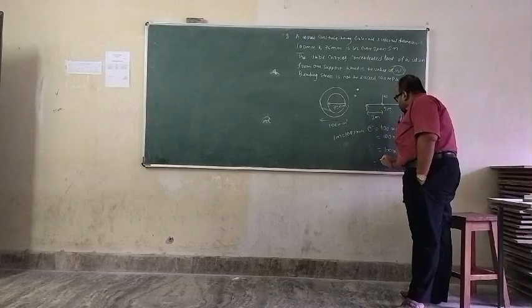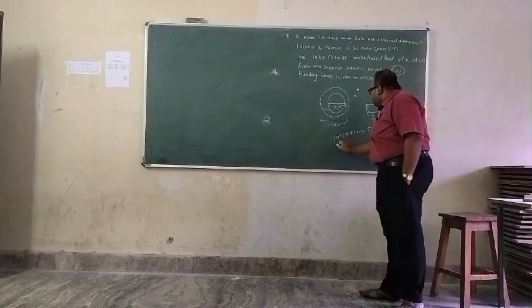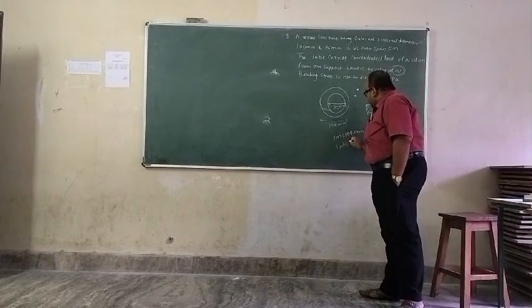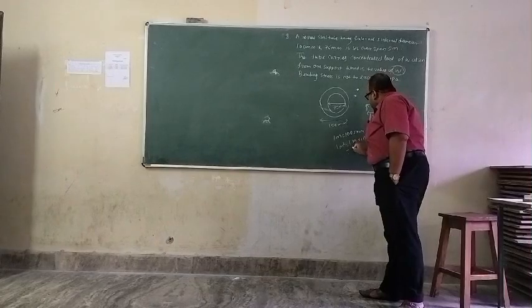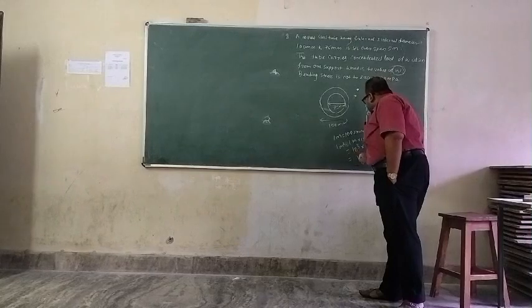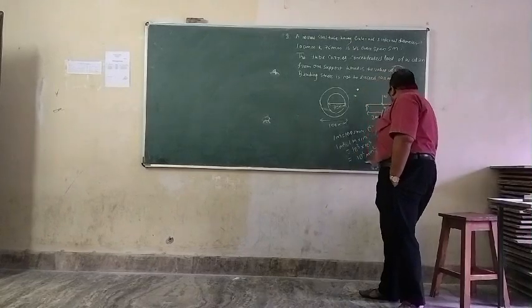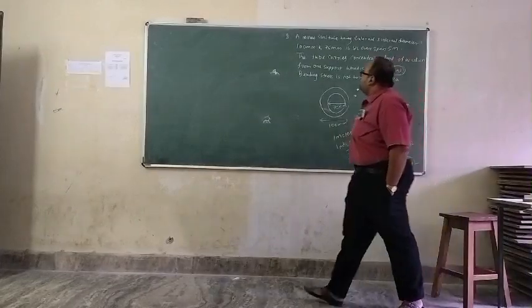Cancel. So this is 100 Newton per mm square, because 1 meter square would be 1 meter multiplied by 1 meter equals 10 to the power 3 multiplied by 10 to the power 3 equals 10 to the power 6 mm square. That only I put here, cancel with this, so 100 Newton per mm square.